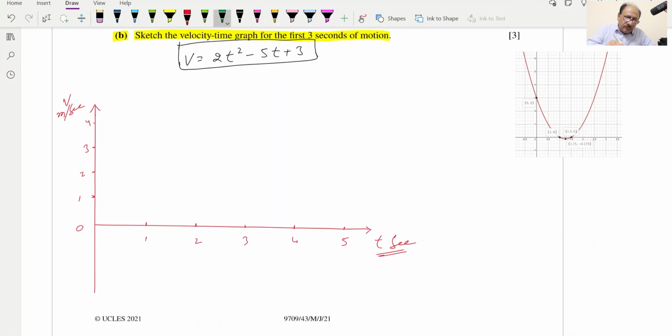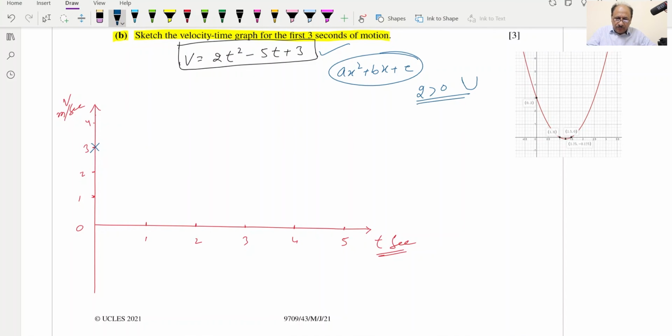So we got the point 0 and 3. This is one of the points we are drawing, and we know this is a quadratic graph, in the form of ax squared plus bx plus c. This is the general form of a quadratic equation, and the coefficient of t squared is 2, which is greater than 0, and it means the curve is opening upward, a U-shaped graph. So these are the informations we got.